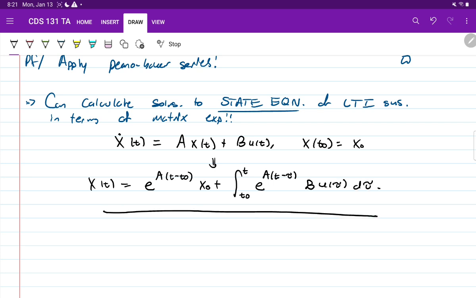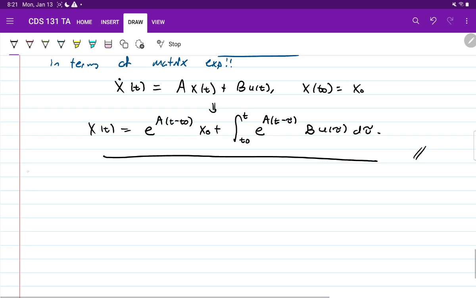The proof of this is literally just that the Peano-Baker series reduces to the matrix exponential. I want to emphasize we already did all of the heavy lifting for these results last time. Now it's just as easy as Peano-Baker series becoming the matrix exponential.